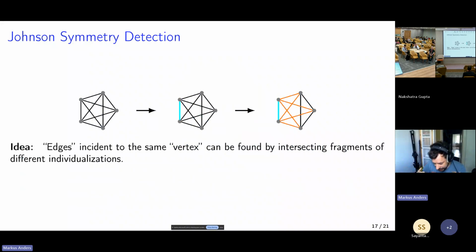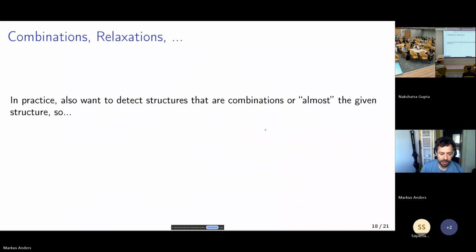Then we intersect these sets in a more or less clever way to try to find out where the variables belong in the graph. All right, and some brief information about the implementation. In practice, we don't just want to detect these particular structures that I've shown.